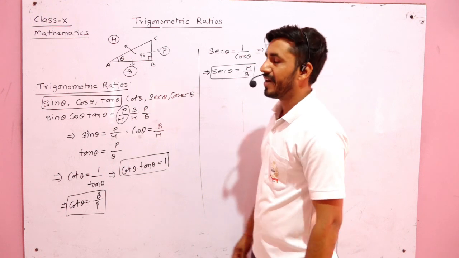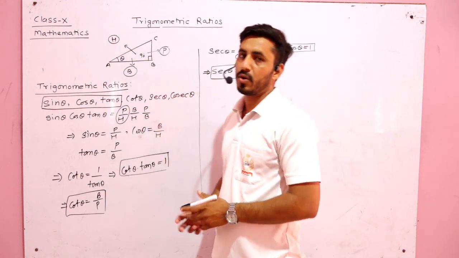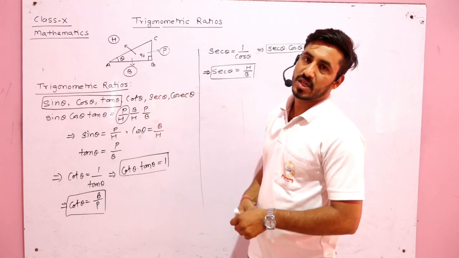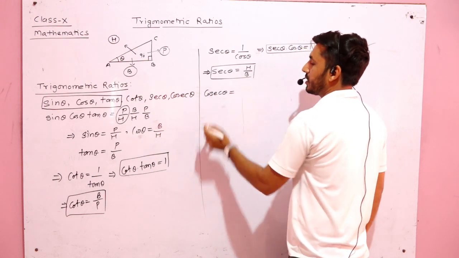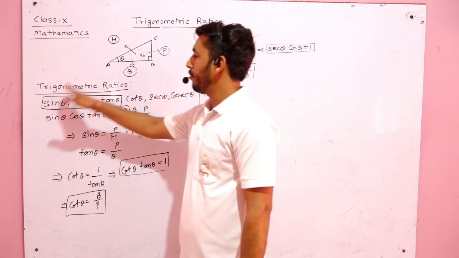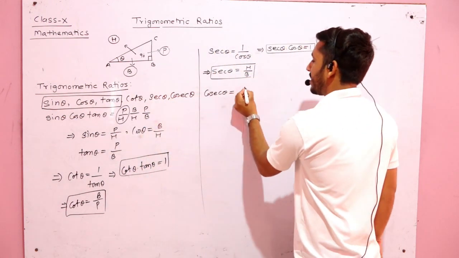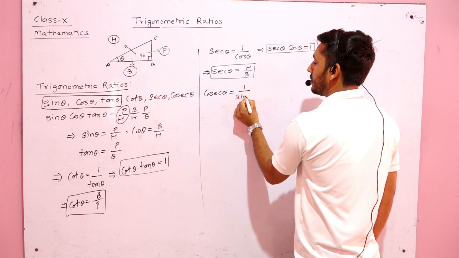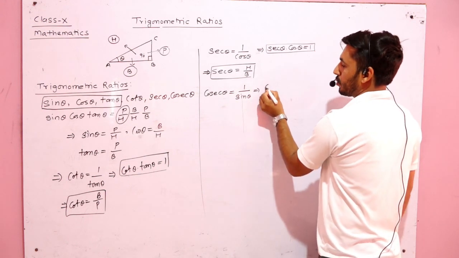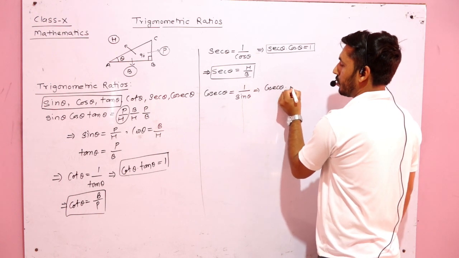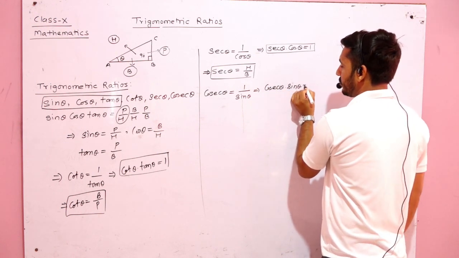In the next and last condition, last but not least, cosec theta. We know cosec theta will be the opposite of sin theta. Then I can write 1 upon sin theta. And from here the relation will be obtained as cosec theta dot sin theta is equal to 1.